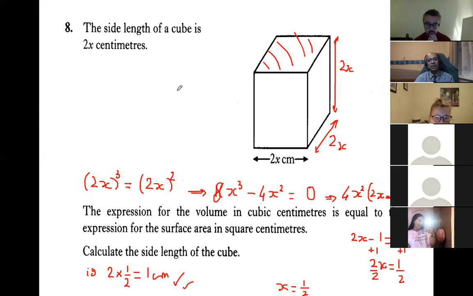You needed to factorize here. That was the main issue, to be able to know that if I've got something like this, I need to factorize. How do I factorize? And maybe as well writing this: the expression of the volume equal to the expression of the surface area. Once I've expressed that, now I can see what they're trying to get me to do.